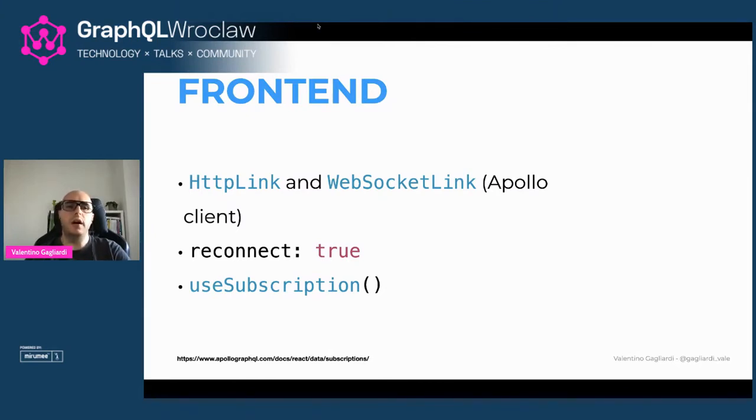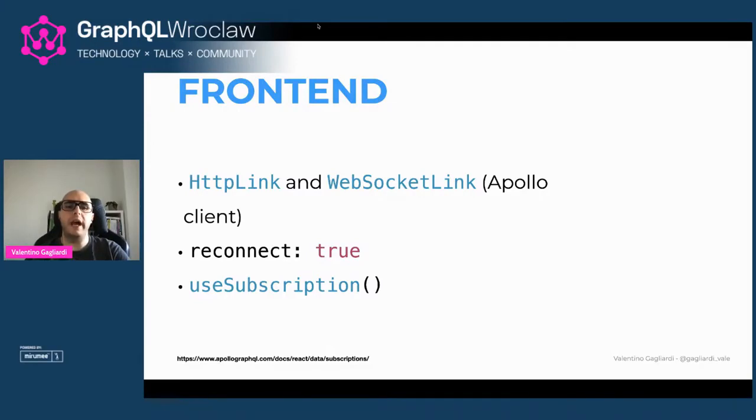You need to instantiate both the HTTP link and the WebSocket link, and configure the client to use a split function, which forwards the right link depending on the protocol of the request. That way you will use GraphQL queries over HTTP, and as soon as the subscription gets activated, you will use the WebSocket link.